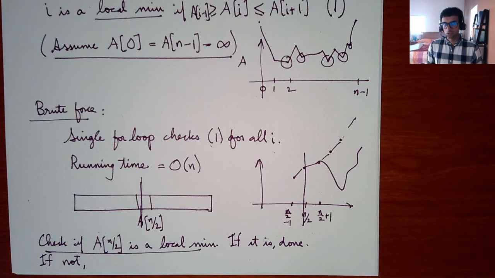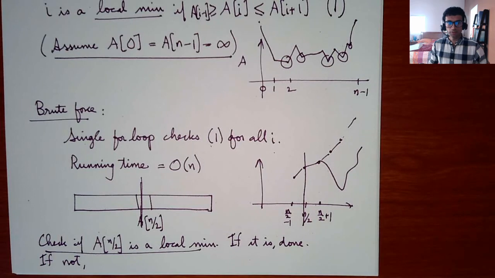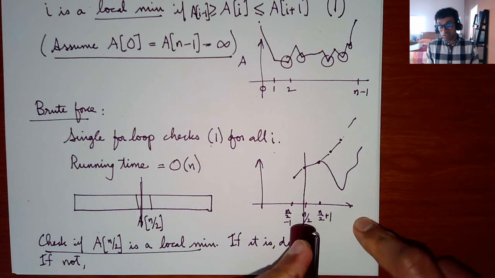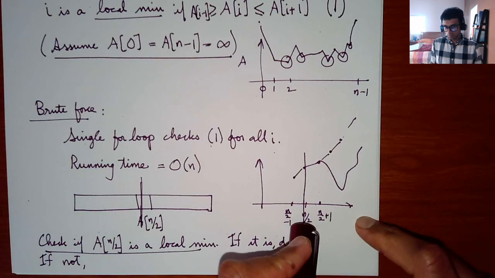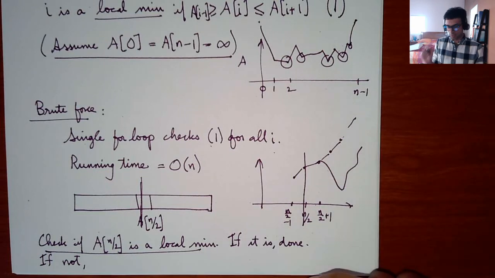You said that if you go to the left, you're guaranteed that there's a local minimum. So what you're stating in some sense is a mathematical fact. Because the right side may or may not have a local minimum, but the left side definitely has it. So that's the key idea. What you have pointed out is the idea.